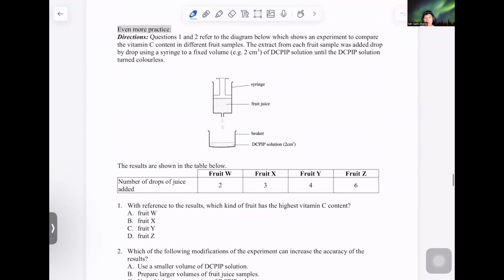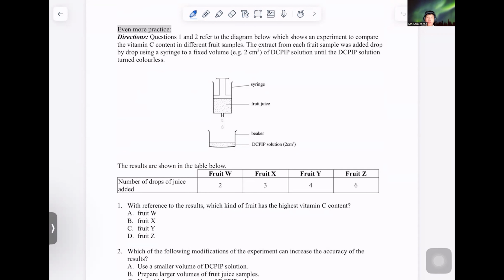So by looking at both question one and question two, we notice that in fact we will add some fruit samples to the DCPIP solution. So please remember that it is important for us to add the DCPIP solution first into the test tube, and then we add the fruit juice.